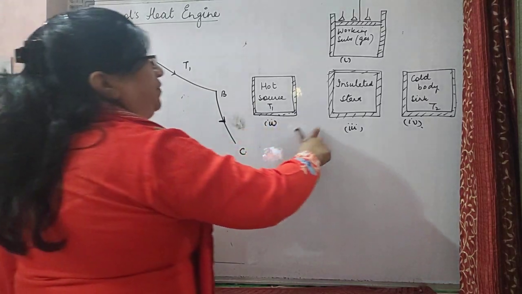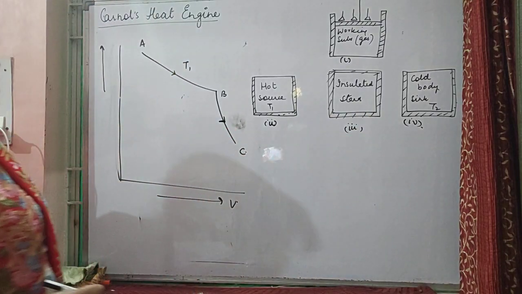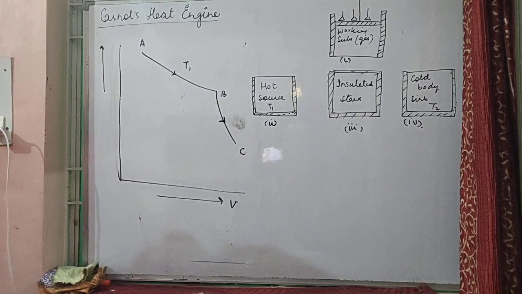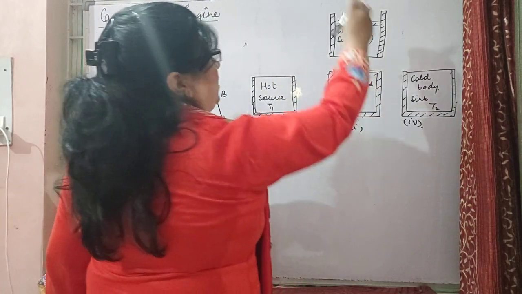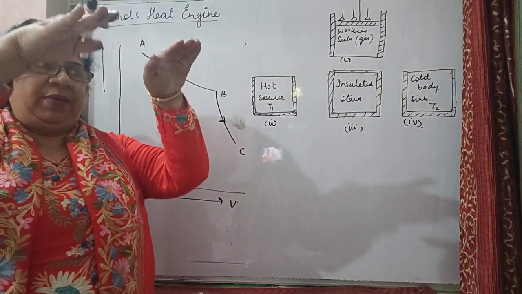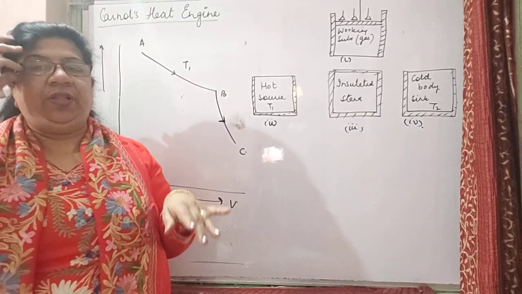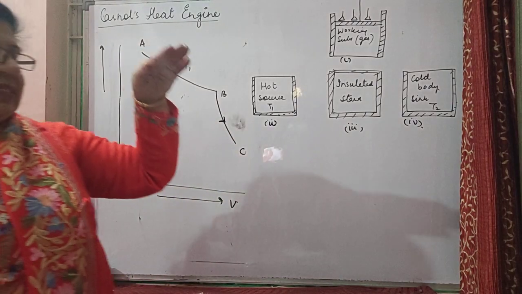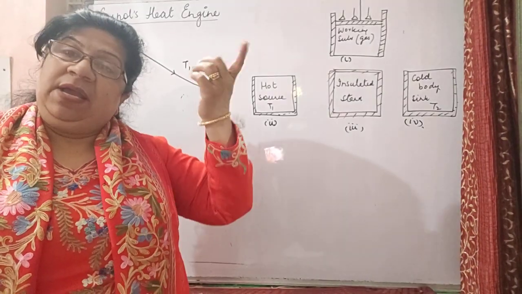Now in that condition what we do is we are keeping this body again on the fourth process. We are keeping the cylinder on the sink and the weights are placed on it. Now we have kept the cylinder at C and we start placing the weights on it. As we start placing the weights, now the gas is compressing and we'll be drawing the curve of compression. As the gas compresses, the temperature increases.